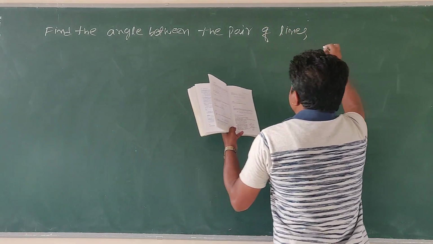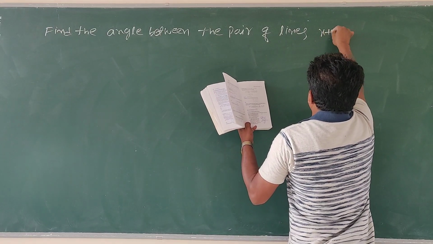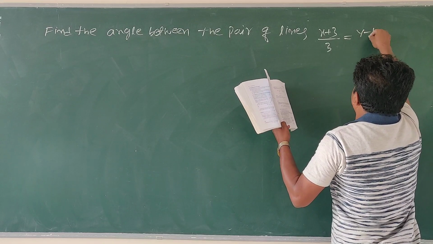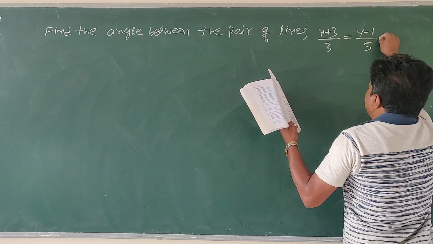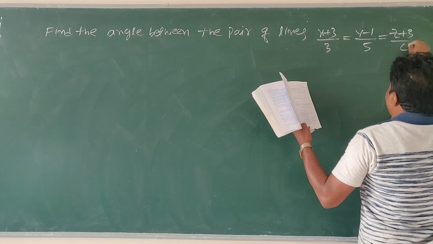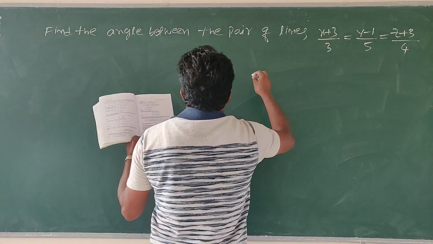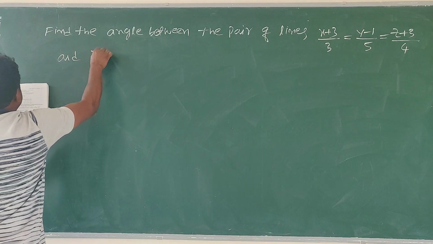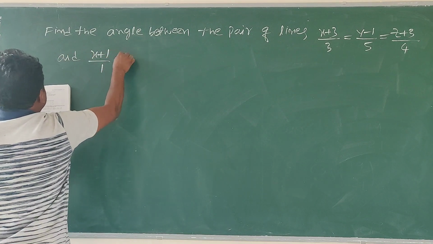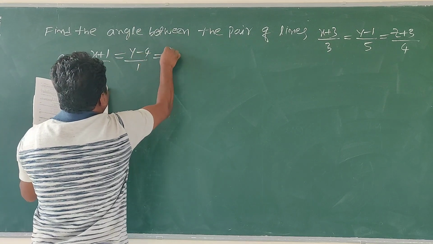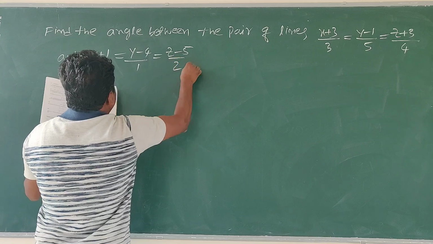The pair of lines: x plus 3 by 3 equals y minus 1 by 5 equals z plus 3 by 4, and x plus 1 by 1 is equal to y minus 4 by 1 is equal to z minus 5 by 2.